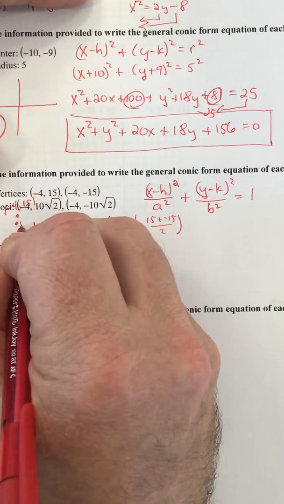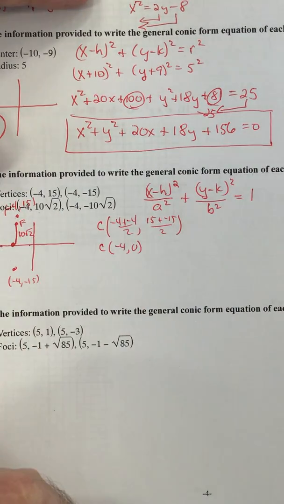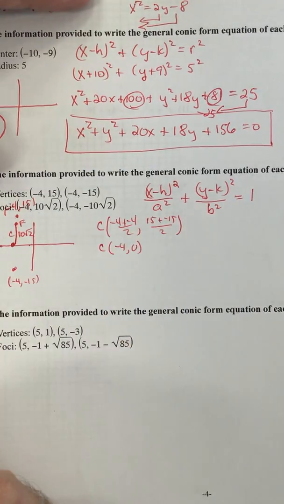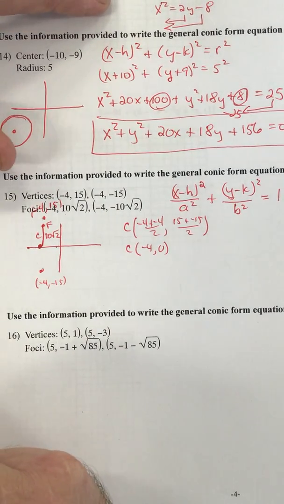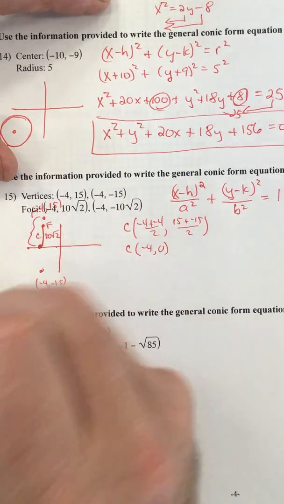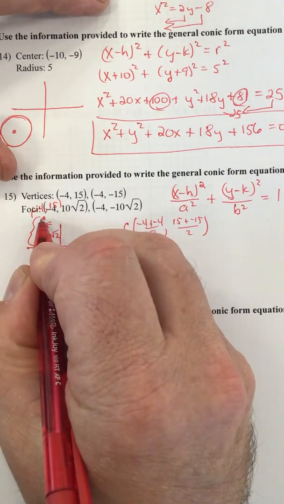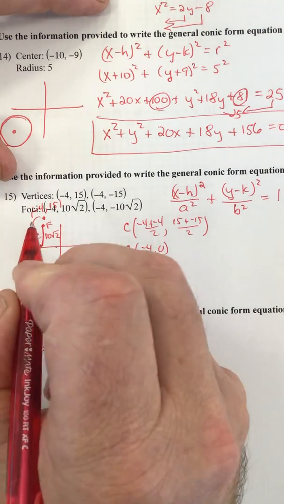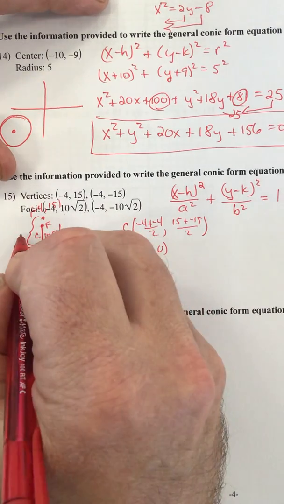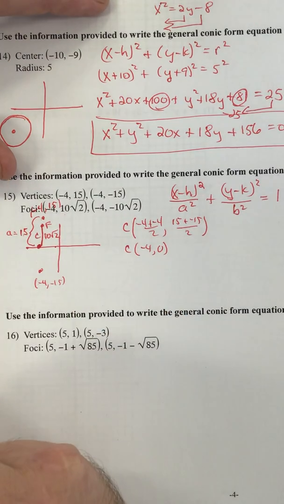So to that focus point right there, I know that distance is 10 square roots of 2. Well, that's from the center to the focus. That's c. The center to the vertex, well, that went from 0 up to what? 4? No. 15? Went from 0 to 15, so that's a.